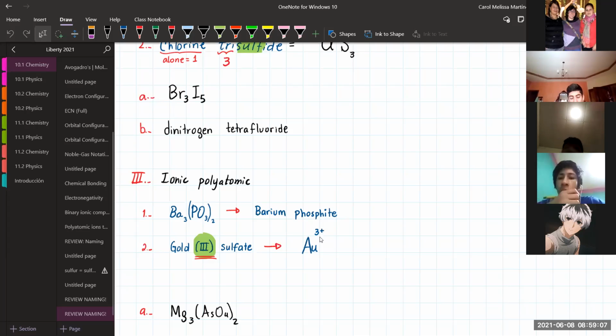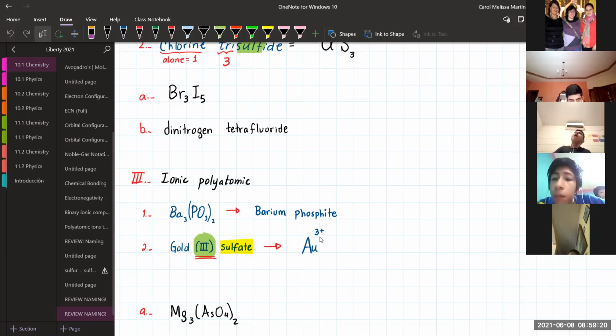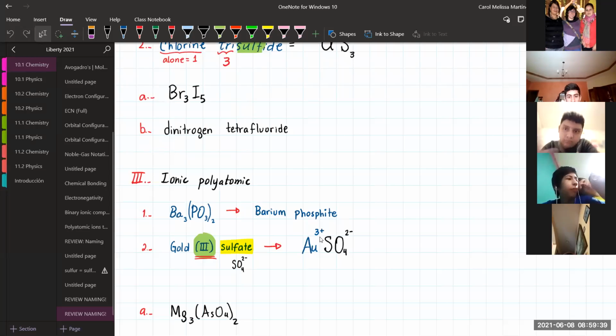And then it says sulfate. Sulfate is a polyatomic ion. What is the formula for sulfate? It is SO4 and the charge is -2. Exactly. So you're going to combine the two of them. Because the charges are above, I'm going to crisscross the charges.